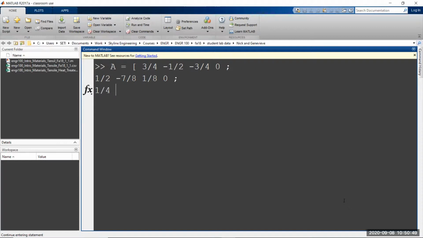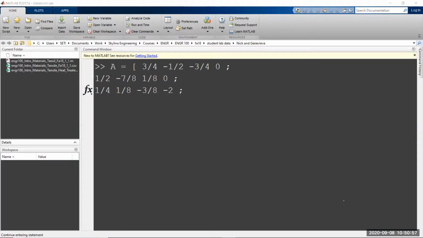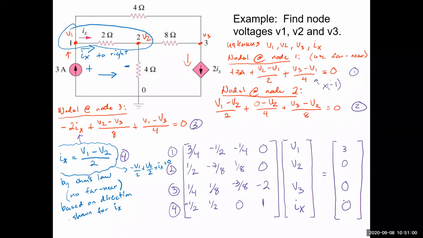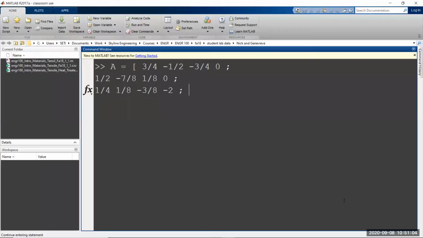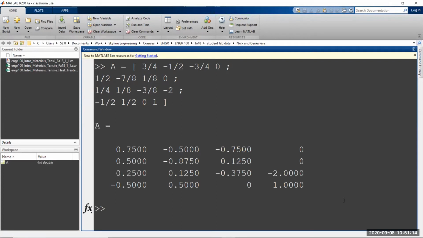This is 1/4, 1/8, minus 3/8. This is indeed what we have on our other slides; I'm just looking at my notes. And then this is minus 1/2, plus a half, plus 0 V3, plus 1 Ix. So there's the matrix A.